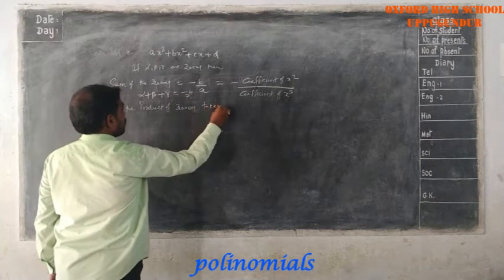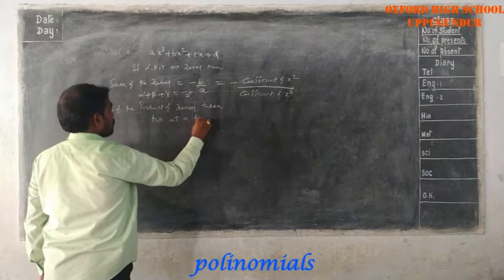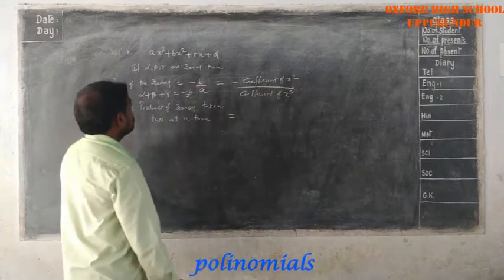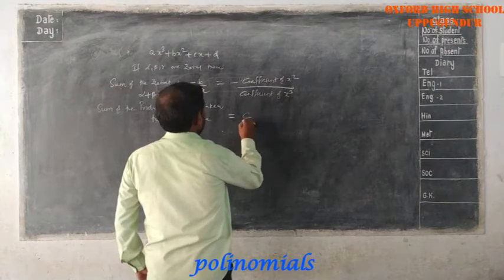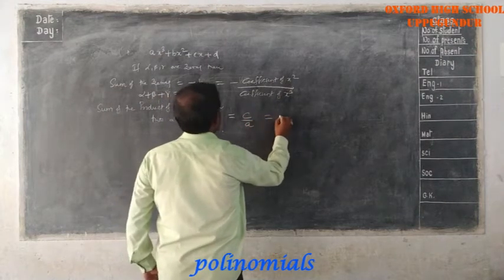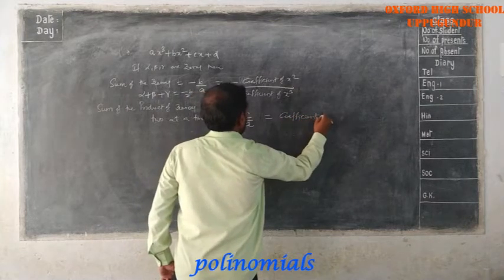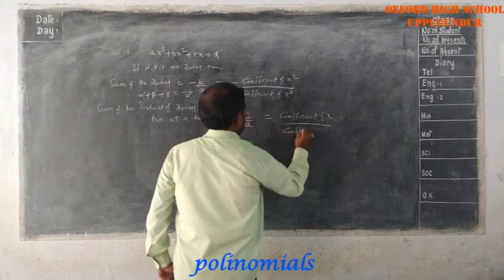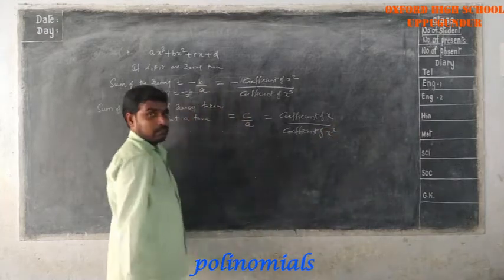Sum of the product of zeros taken 2 at a time equals c by a. That means coefficient of x by coefficient of x cube.